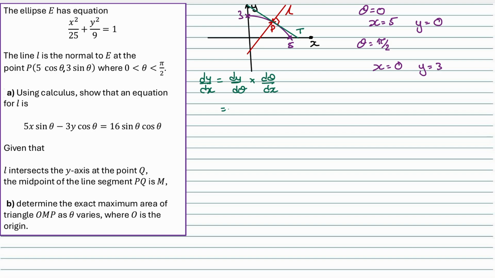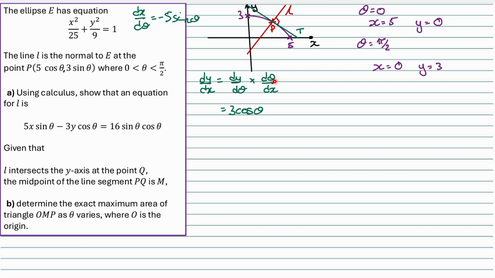So if we work out dy by d theta, we know y is 3 sine theta. So when you differentiate this with respect to theta, we'll get 3 cos theta. And then d theta by dx, well, if we work out dx by d theta, we differentiate 5 cos theta with respect to theta, we'll get minus 5 sine theta.